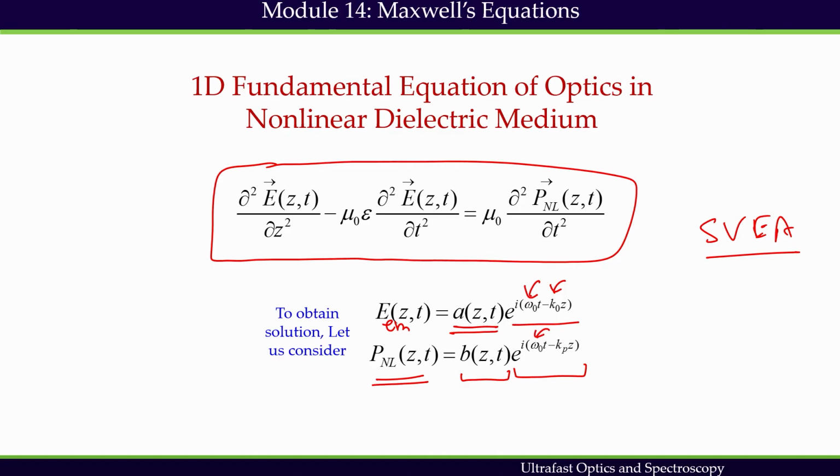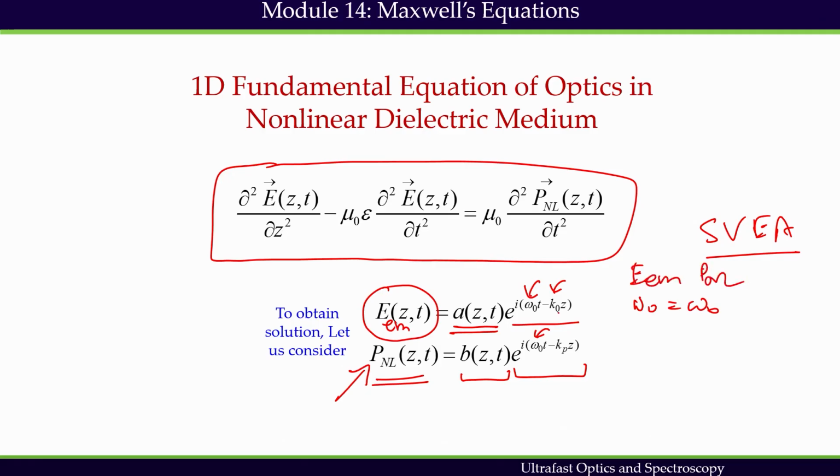So, what is the idea? The idea is that the oscillatory dipole is nothing but this nonlinear polarization, and the frequency of those dipoles would be the same as the frequency of the emitted field. That is why frequencies are the same for polarization and emitted beam.